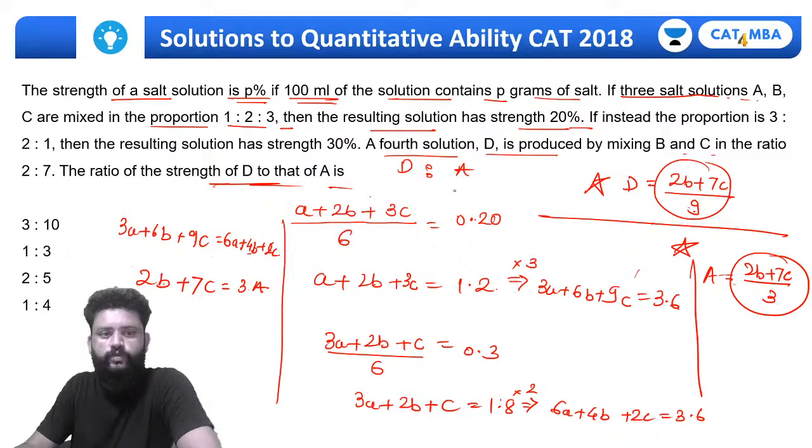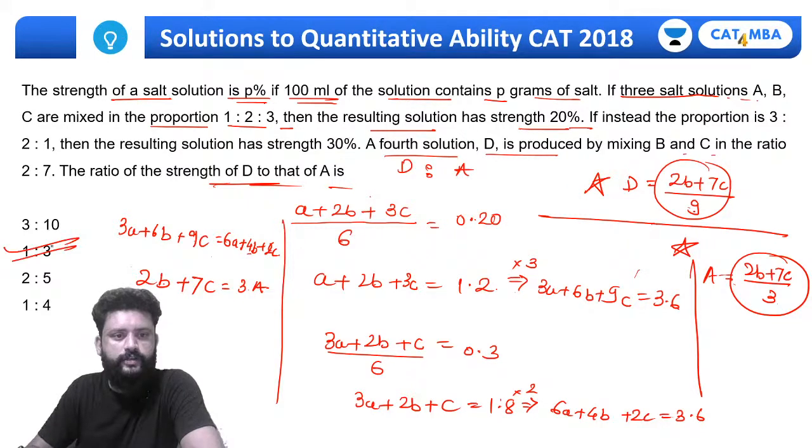That's 1 by 9. 3 by 9 is 1:3, so this should be 1:3.